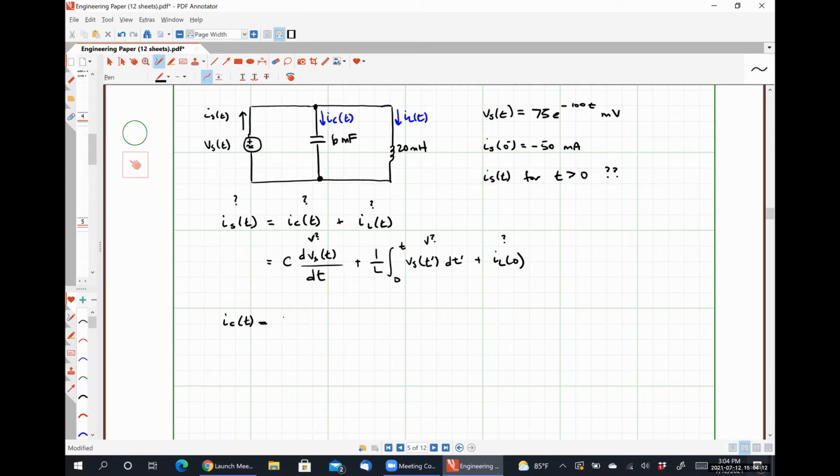Our capacitor current is C times the derivative of our source voltage with respect to time. So that's going to be 6 millifarads, so that's 6 times 10 to the minus 3 amp seconds per volt, times the derivative of 75 times 10 to the minus 3 e to the minus 100 t volts.